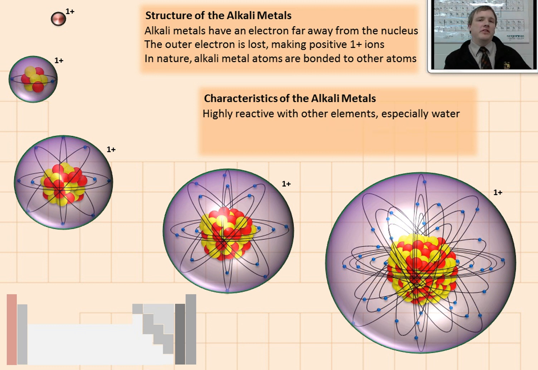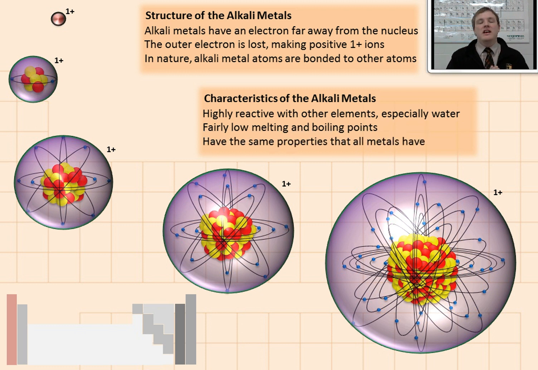When compared with other substances on the periodic table, the alkali metals are found to have fairly low melting and boiling points. It's not too hard to turn them into liquids and gases. It does take heat, it takes fire, but it does not take an extremely hot fire to melt and to boil the alkali metals.